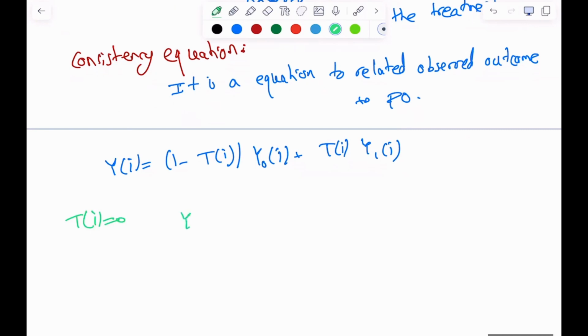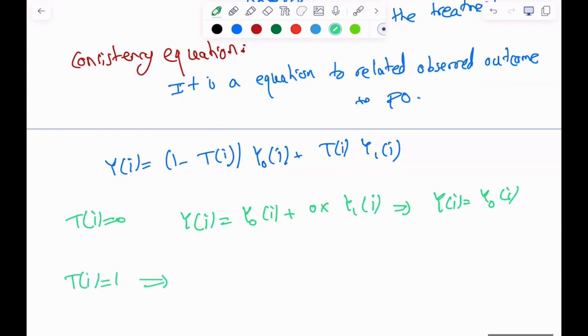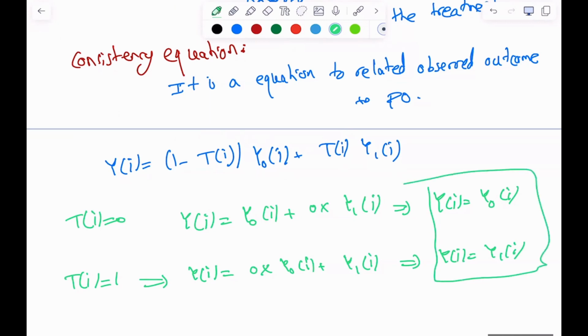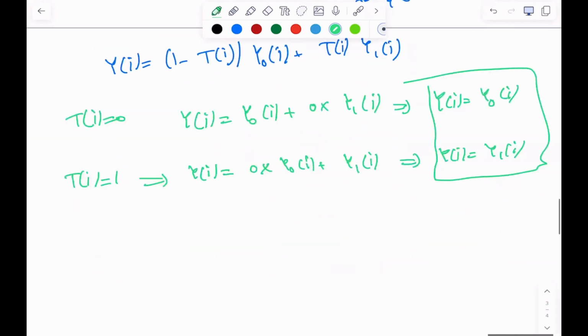If ti is equal to 0, the observed outcome is equal to 1 minus 0 times y0 of I plus 0 times y1 of I. So yi is equal to y subscript 0 of I. And if ti is equal to 1, this person receives the treatment, we get yi is equal to 0 times y0 of I plus 1 times y1 of I, and this becomes y1 of I. There you go. And that's what we discussed about. This is called the consistency equation.